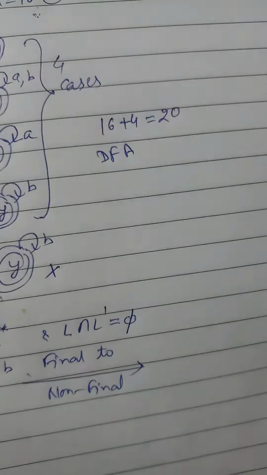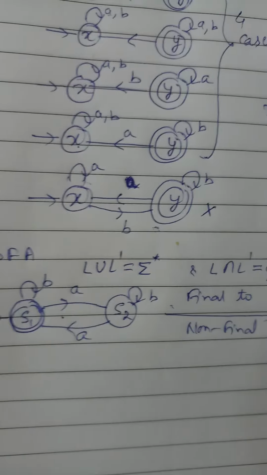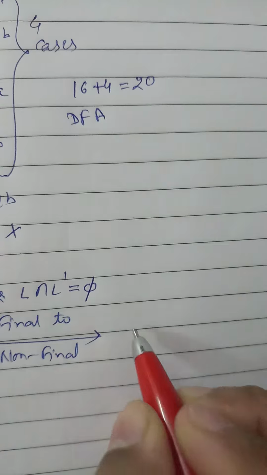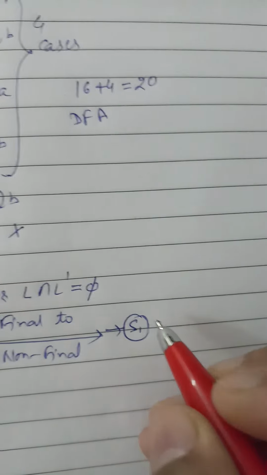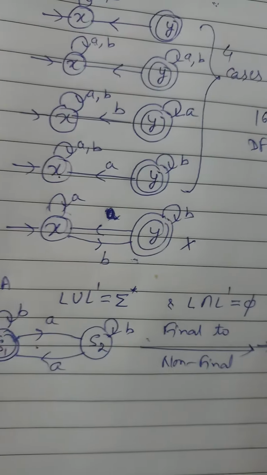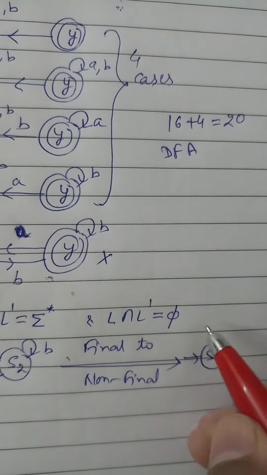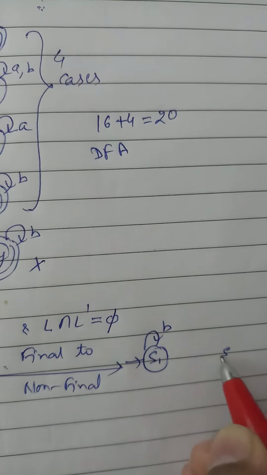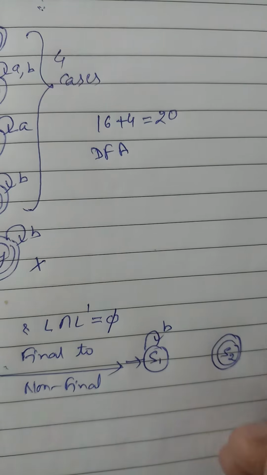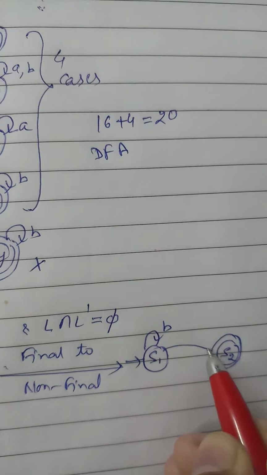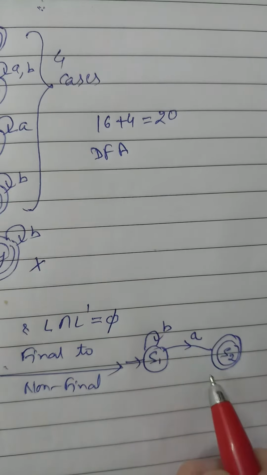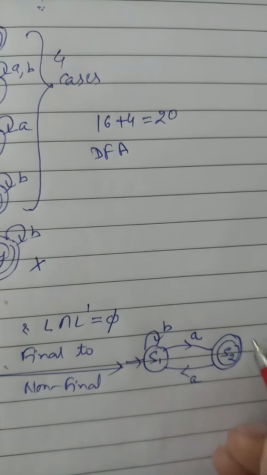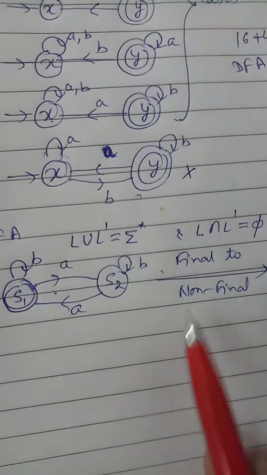As we have S1 as a final state and the initial state, with the transition of B remaining there, S2, which was not final, will become final. From S1 to S2 there is an A transition, S2 to S1 an A transition, and S2 has a B transition. So here we change final to non-final.